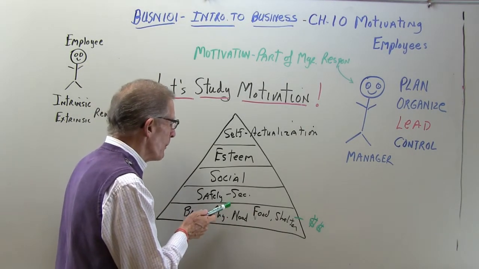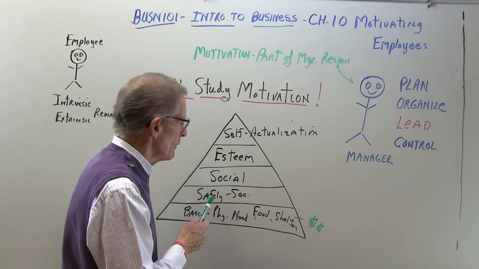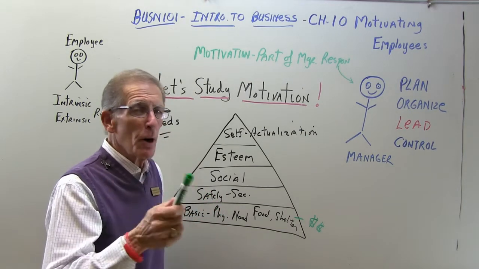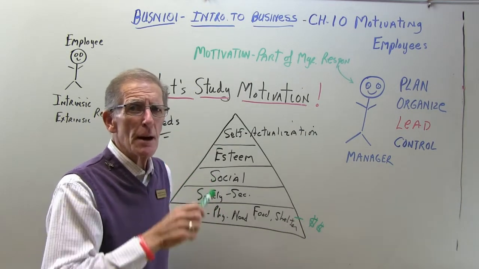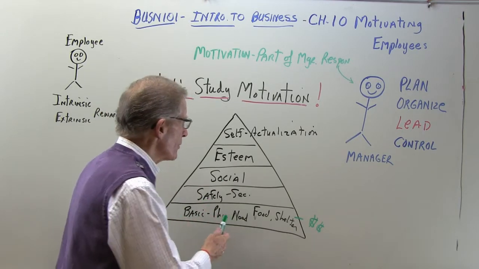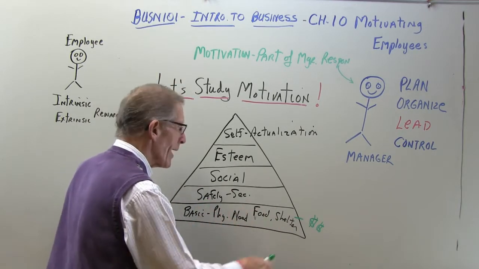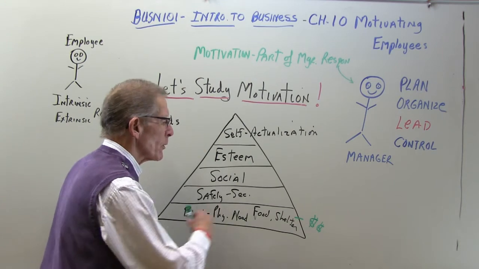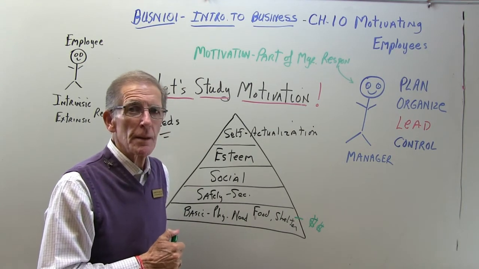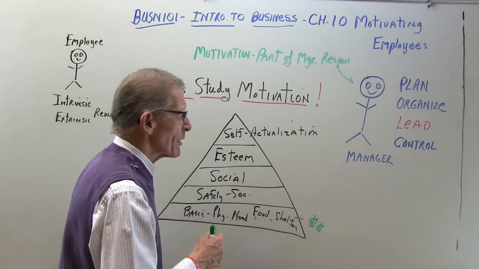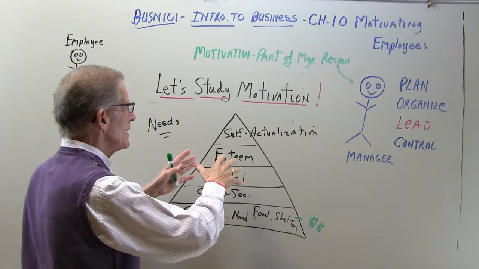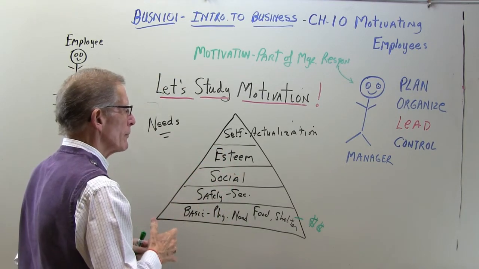If you don't have the basic human needs of food, shelter, and clothing, that's going to motivate you every day to get to that point. But once you're past this, this is no longer a motivator. That's what he's saying. So the idea is there's a hierarchy of needs, and needs are what motivate us.